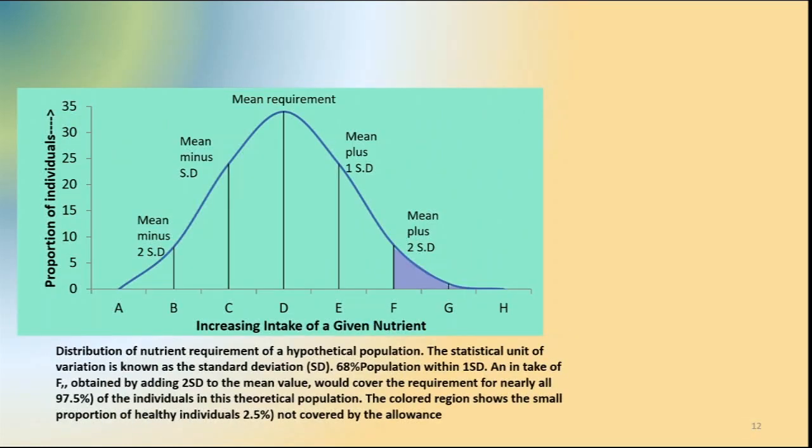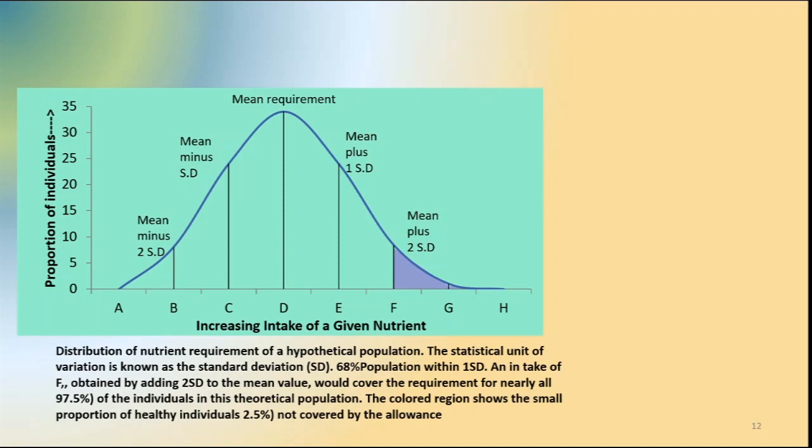This graph shows a relationship between the proportion of individuals and increasing intake of a given nutrient. If you look at this graph, on the x-axis there is A, B, C, D, E, F. D is the mean requirement. So when we formulate a ration keeping in view feeding standards, on an average nutrient requirement basis, the majority of individuals will get nutrient at D level.